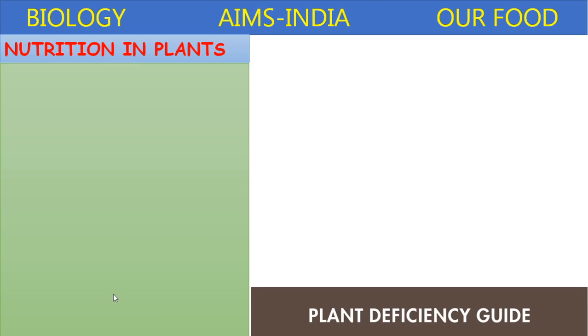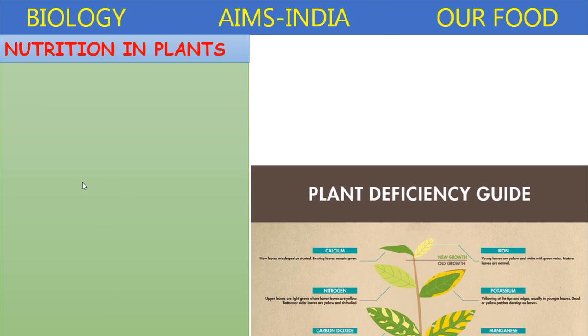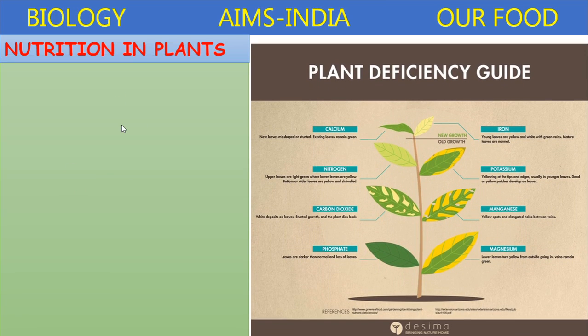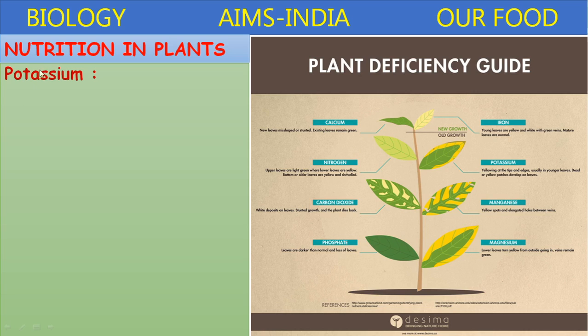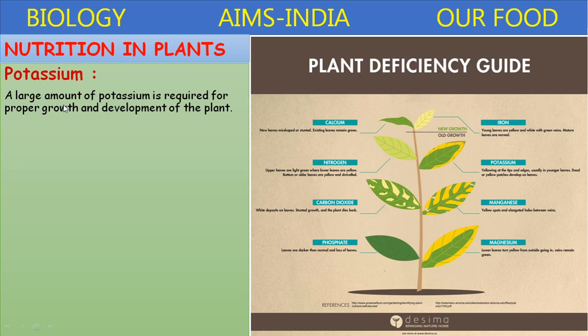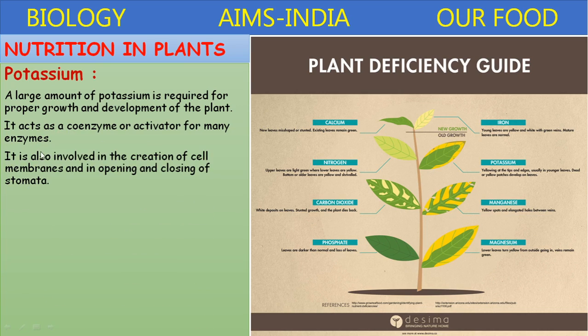Finally, let us discuss some more elements and their deficiency. Potassium. A large amount of potassium is required for proper growth and development of the plant. It acts as a coenzyme or activator for many enzymes involved in metabolic functions in plants.